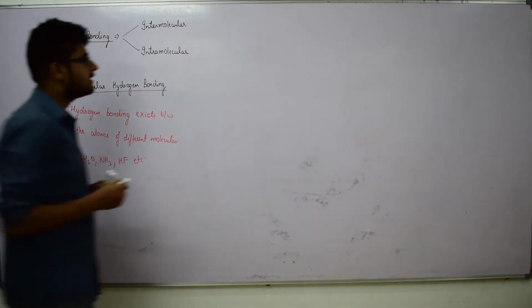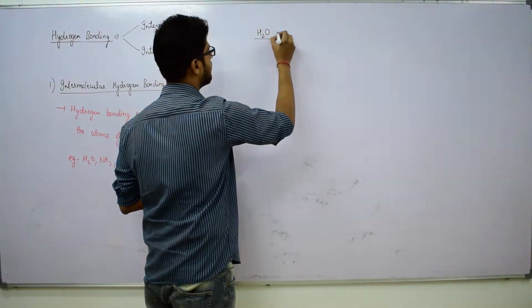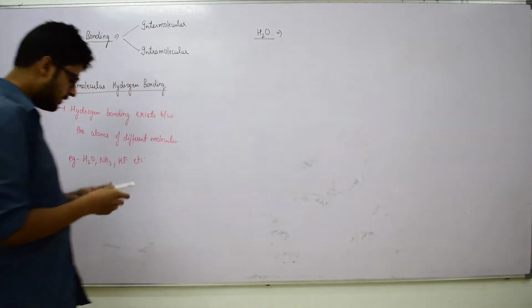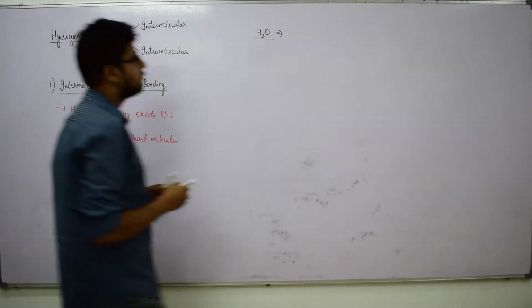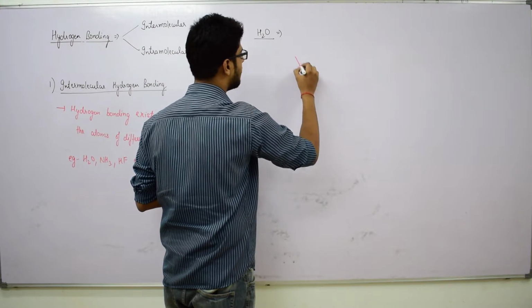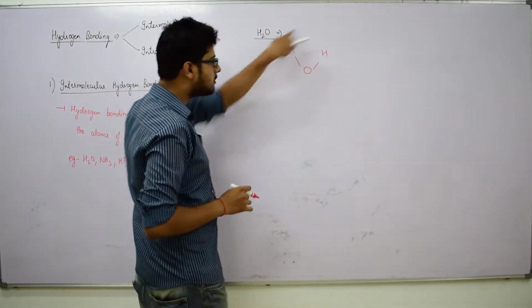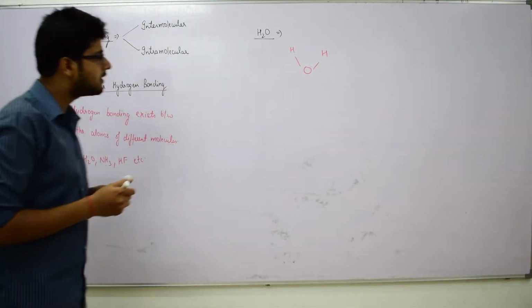Now, let us see the example of water, H2O. When discussing water, we know that water possesses a bent shape. This is our first water molecule.